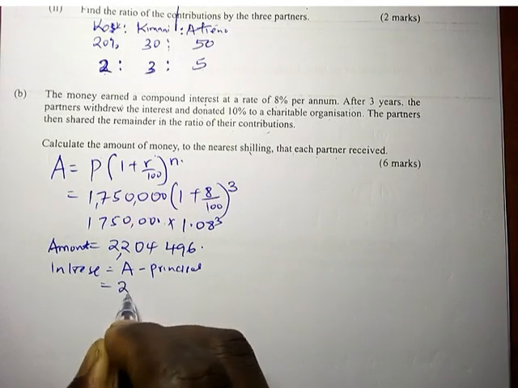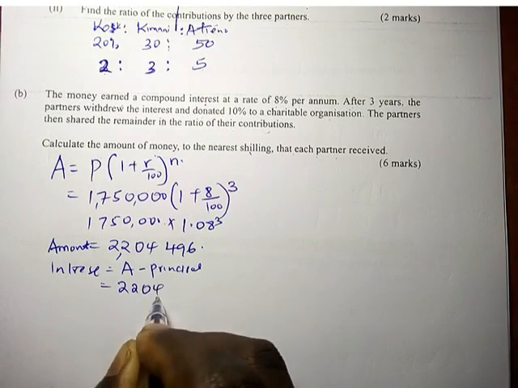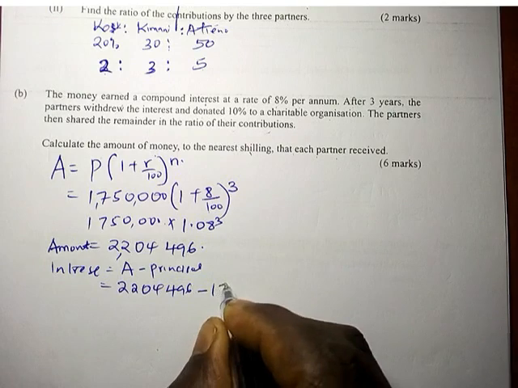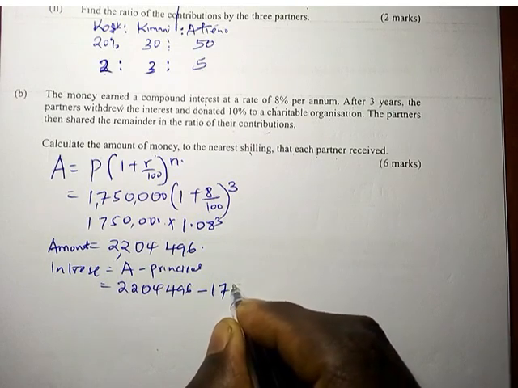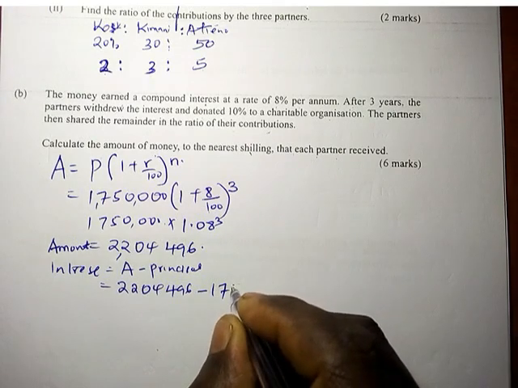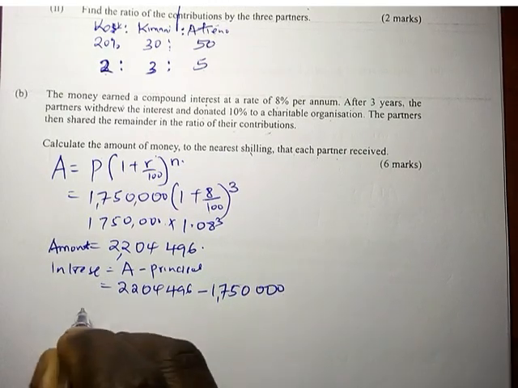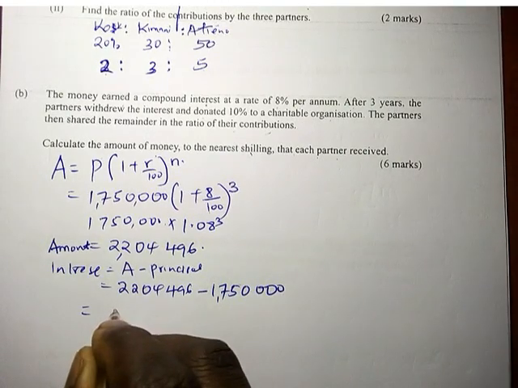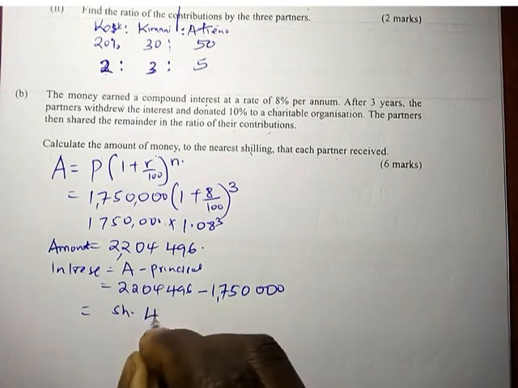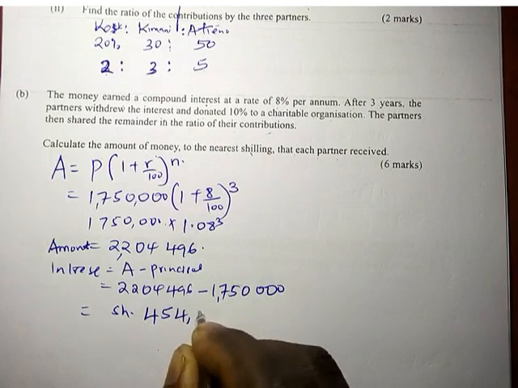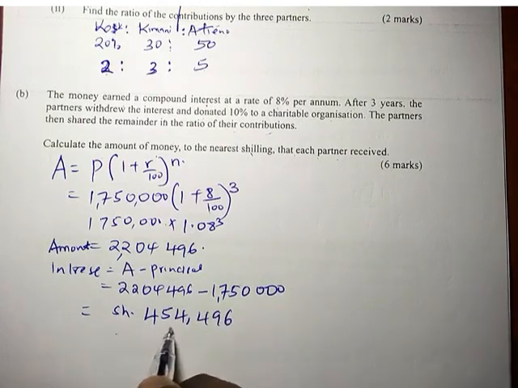That is now 2,204,496 minus the principal, so that we get the interest. And our interest is going to be Kenya shillings 496. So this is the money they are going to share.